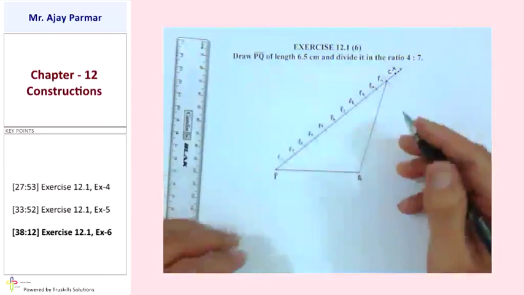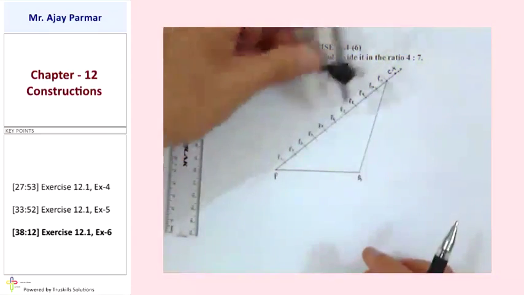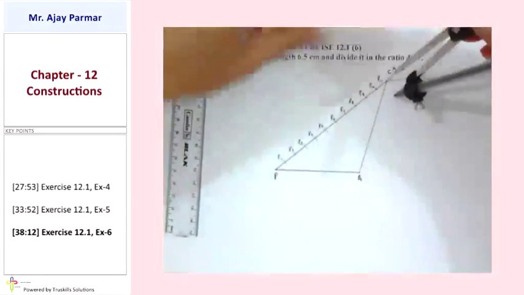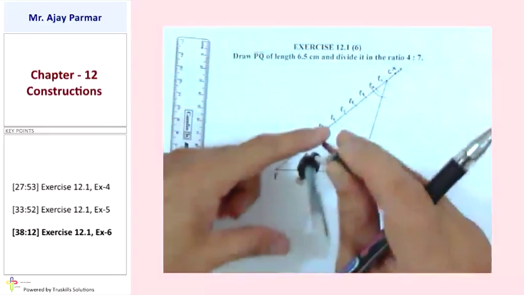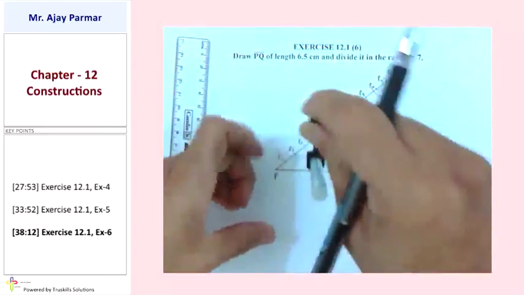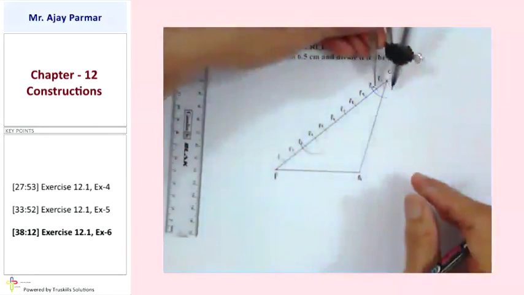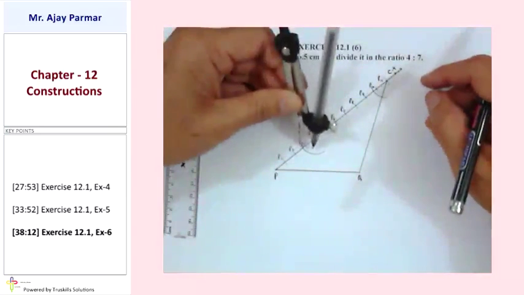Another one, because starting from P4, parallel to P11Q. Any suitable radius? I would prefer to take a little bit bigger radius and draw an arc. Same radius, P4 center, draw an arc. Measure what is this radius and draw an arc over here.